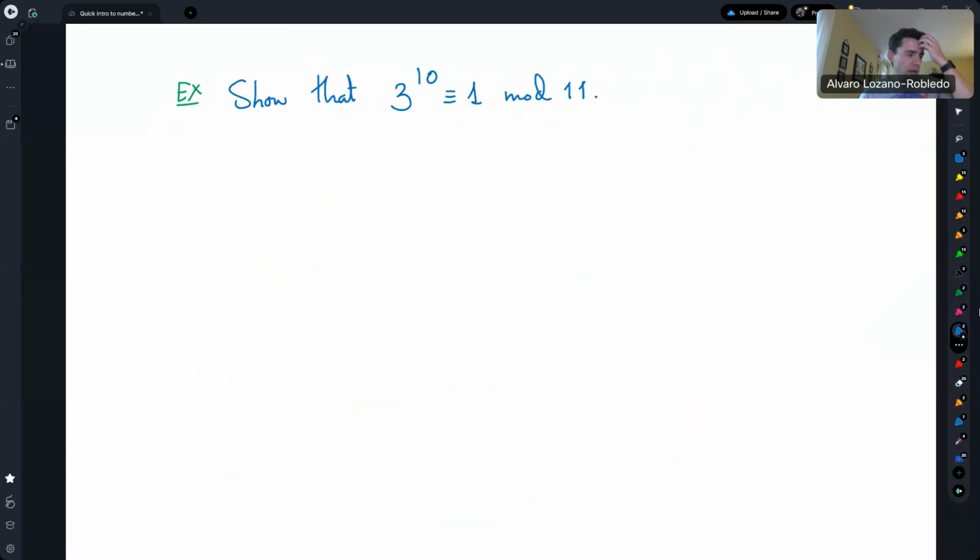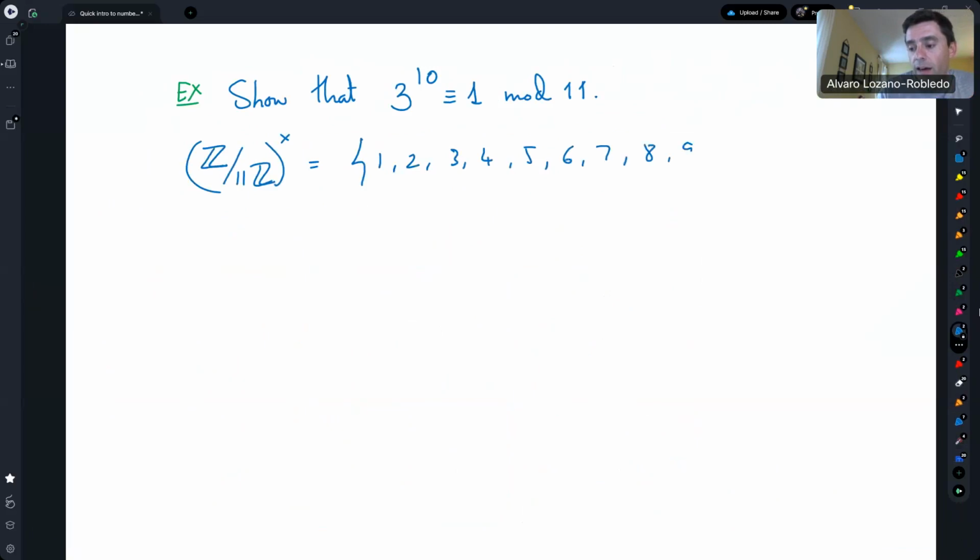So I'm going to do it in a way that if you replace 3 by a and 11 by a prime, actually this is a proof of Fermat's little theorem. So let's start with Z mod 11Z cross. So the units are 1, 2, 3, 4, 5, 6, 7, 8, 9, and 10. Those are the units modulo 11.